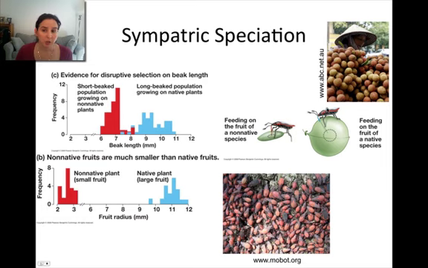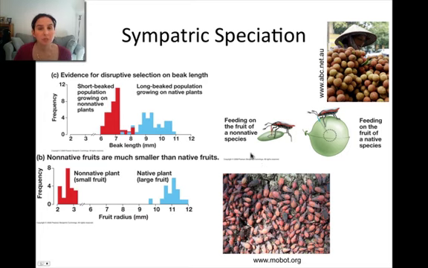Within this population of soapberry beetles, though, there are beetles that have longer beaks that they use to penetrate fruits, and some of them have shorter beaks, which can also penetrate the fruits and allow them to eat the seeds. So there's variability in this population already. What happened was that in, I guess, the 1960s, a non-native species of soapberry tree was introduced into Florida and throughout the southeastern United States.